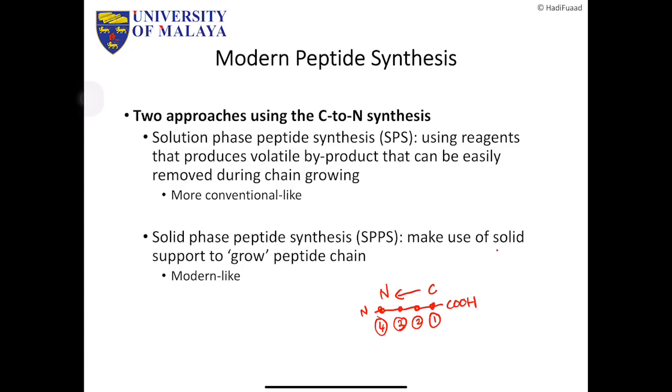So instead of solution phase synthesis, or SPS, another approach is solid phase peptide synthesis, or SPPS, which makes use of a solid support to grow your peptide chain. This solid can be a polymer, and you grow your peptide on it. We will compare the advantages and disadvantages of both approaches of modern peptide synthesis.